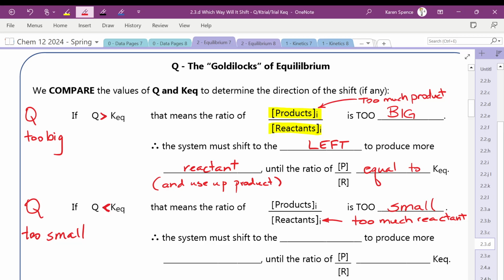We will shift to the right to produce more product and use up reactant, until the ratio of product to reactant is equal to KEQ.